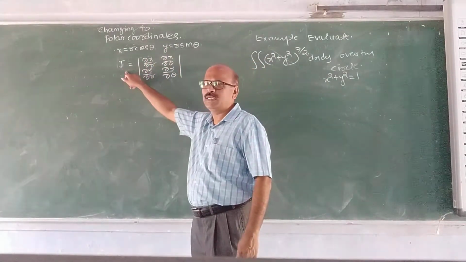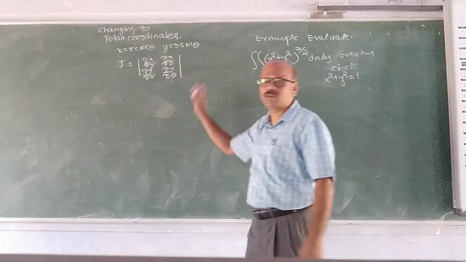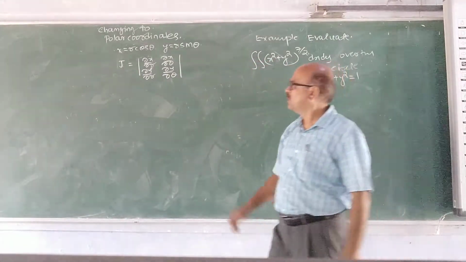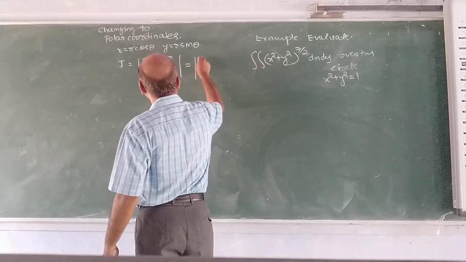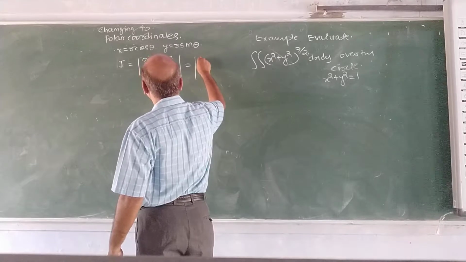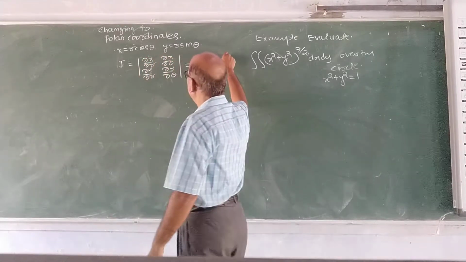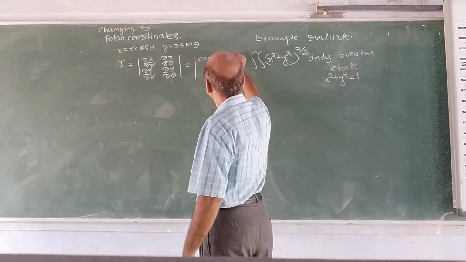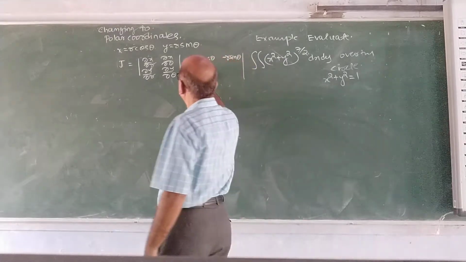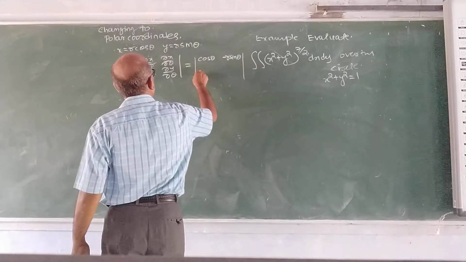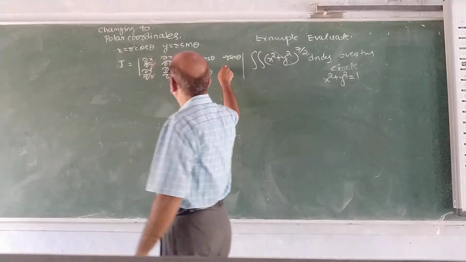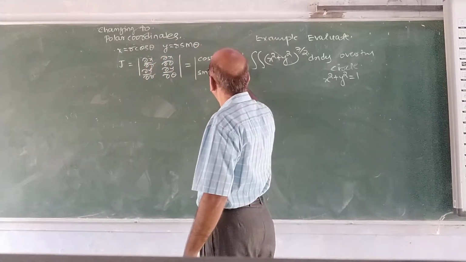What is the first thing? The Jacobian of x, y with respect to r, θ. What is ∂x/∂r? cos θ. ∂x/∂θ is minus r sin θ. ∂y/∂r is sin θ. ∂y/∂θ is r cos θ.